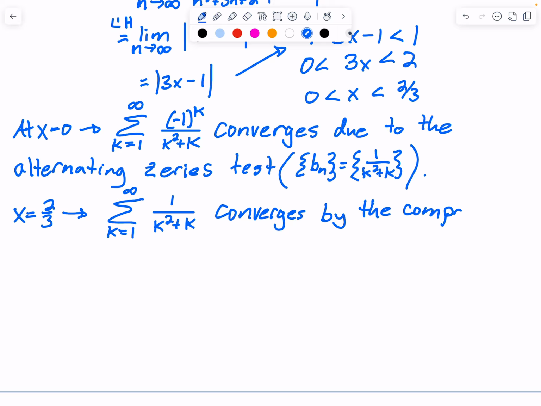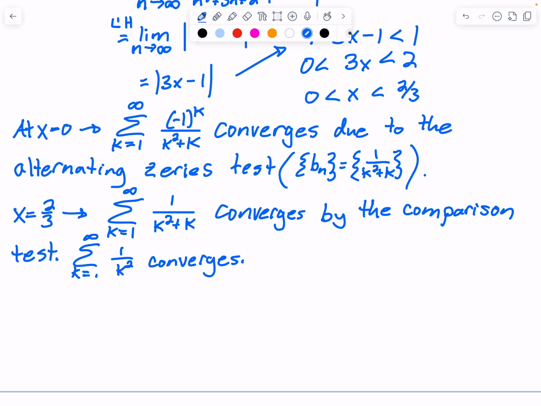It's not a really hard one to understand. Notice that the sum from k equals 1 to infinity of just 1 over k squared converges, right? So if 1 over k squared converges, then if I add k on the bottom, each fraction is just getting smaller. So it would also converge.